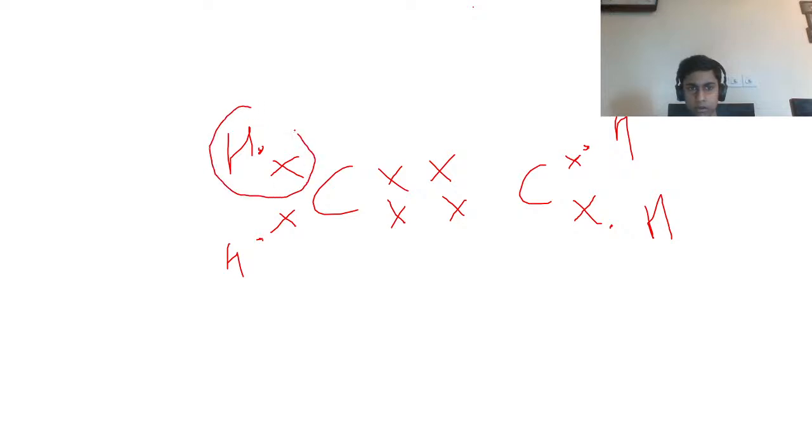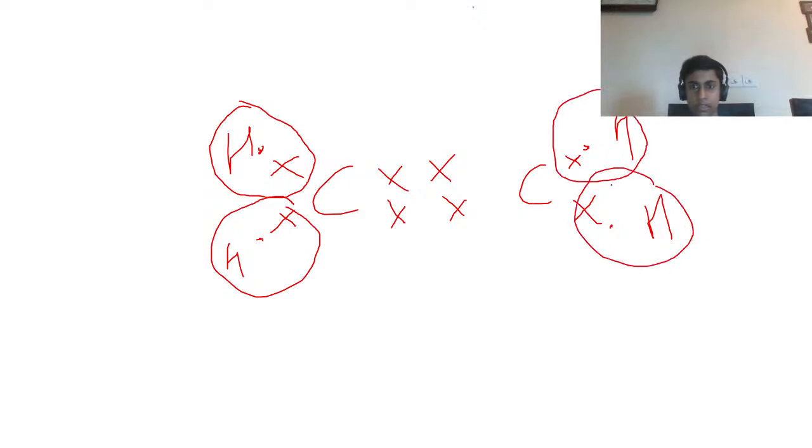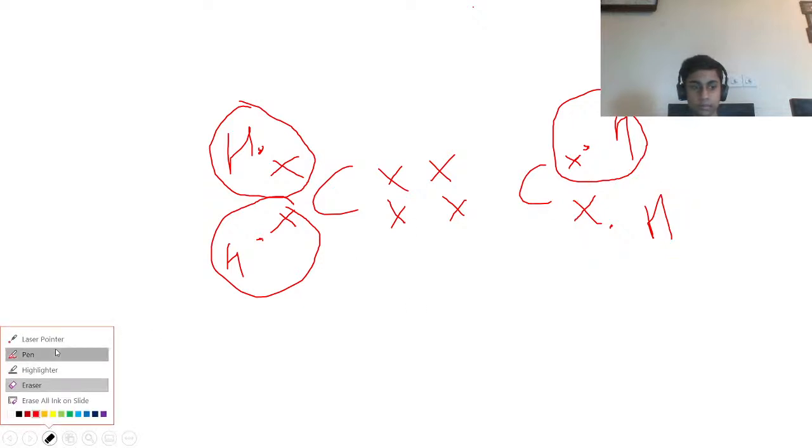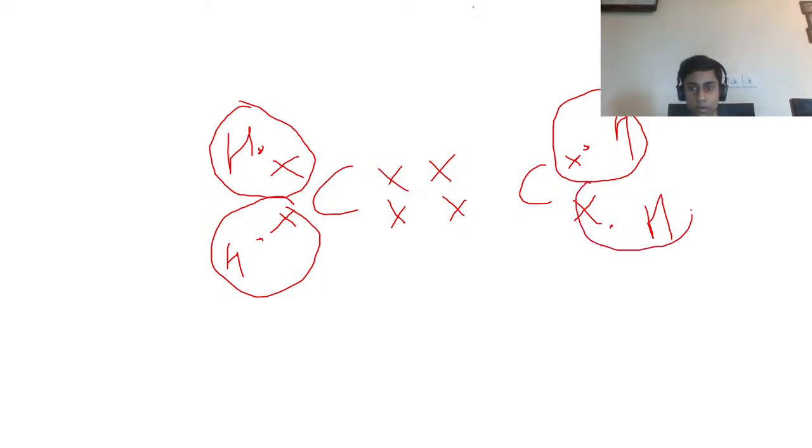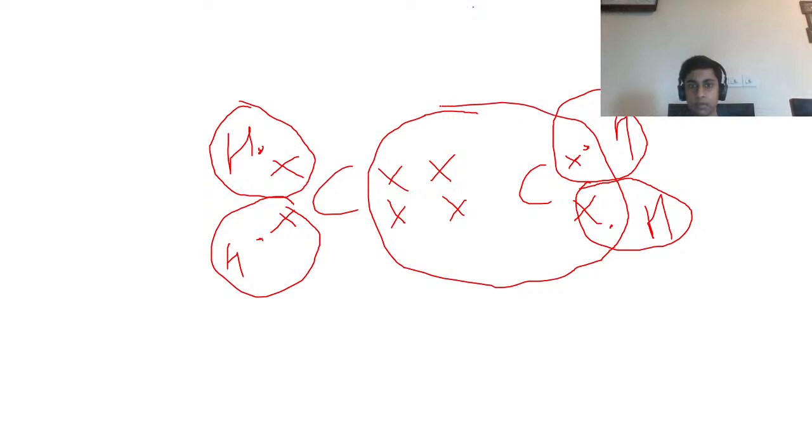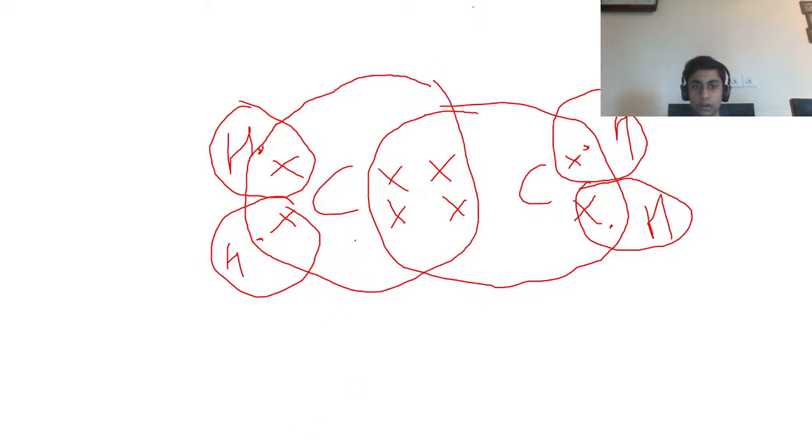Now if we draw hydrogen atoms like this, we have to note they shouldn't intersect. Now we have to draw the circle around carbon. It should be a proper circle, but this should suffice for the moment. So this is the electron dot structure of ethene, and the same goes for all organic compounds.